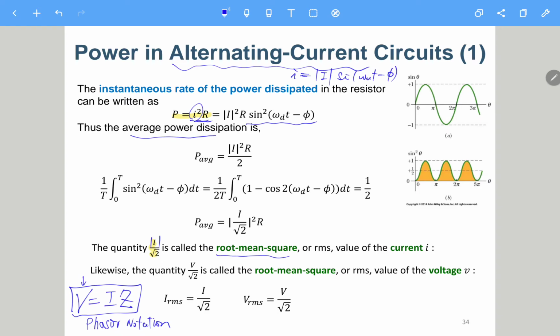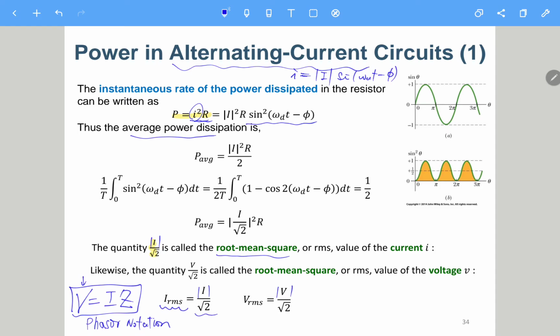We can also denote it as IRMS. IRMS equals I over square root of 2, or VRMS equals V over square root of 2. For the phasor, we need to take the absolute value.